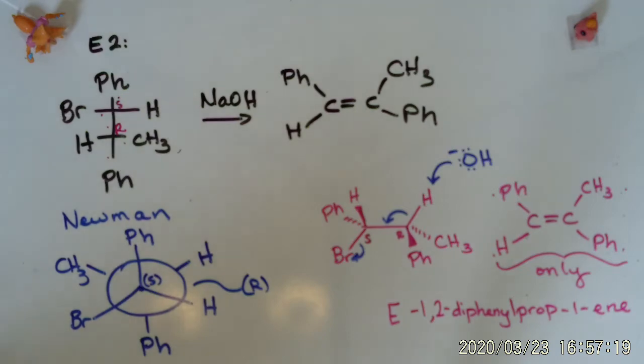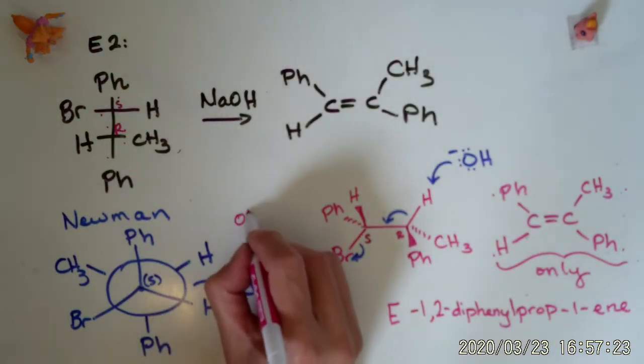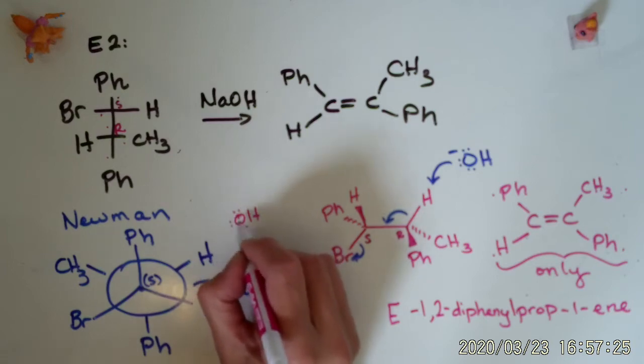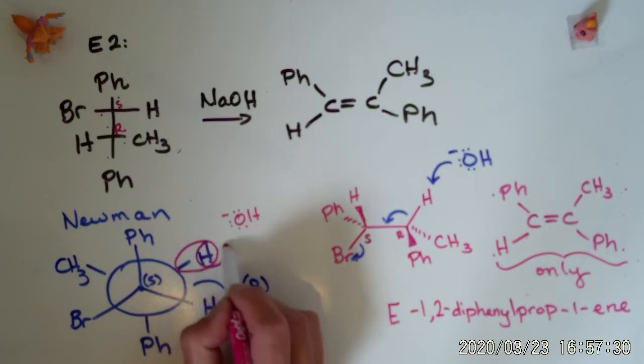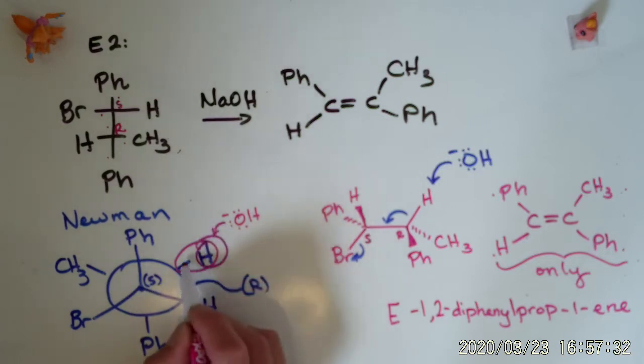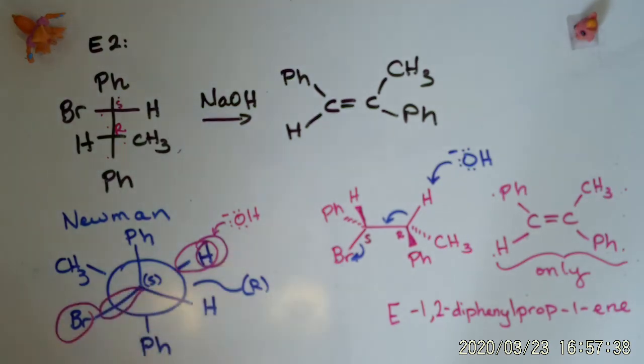Now we can see that when my base comes in and pulls off the hydrogen, it's this lobe here that now forms my pi bond.